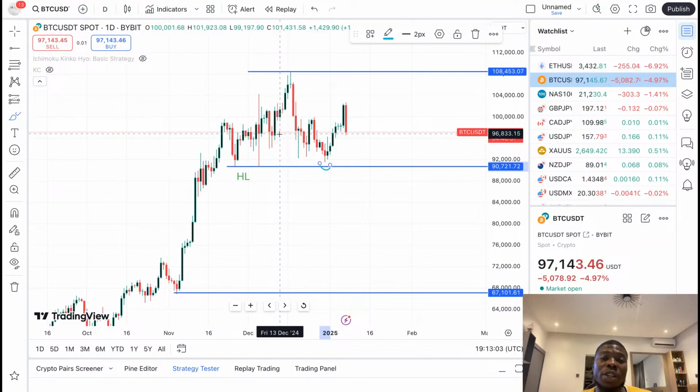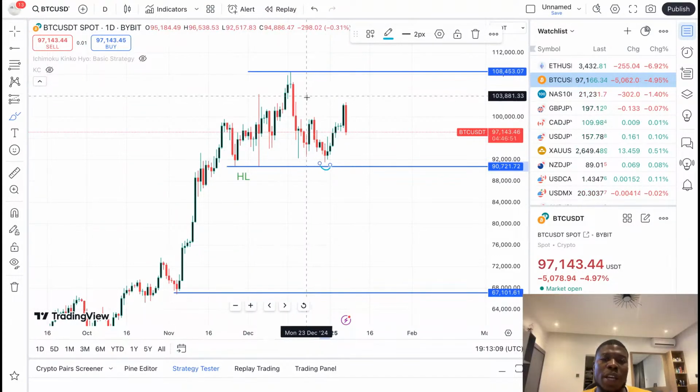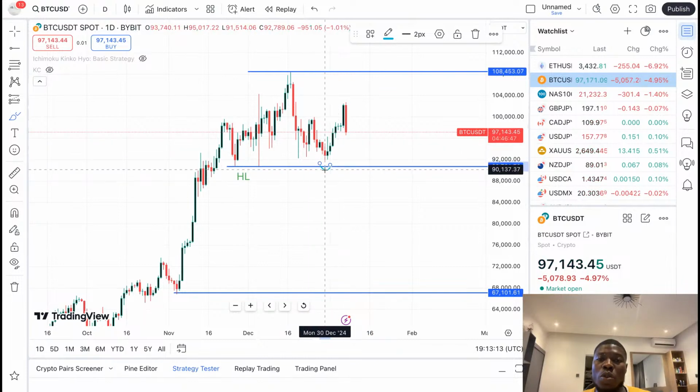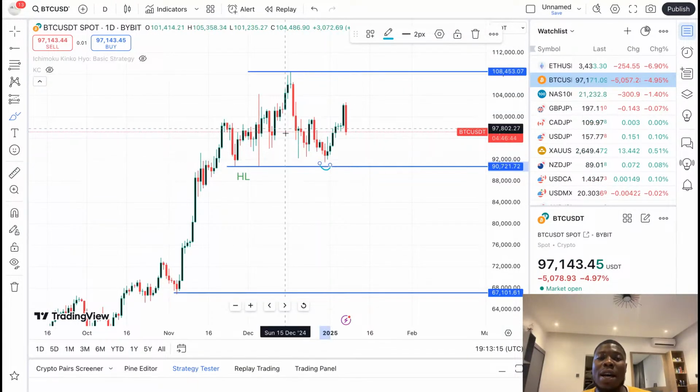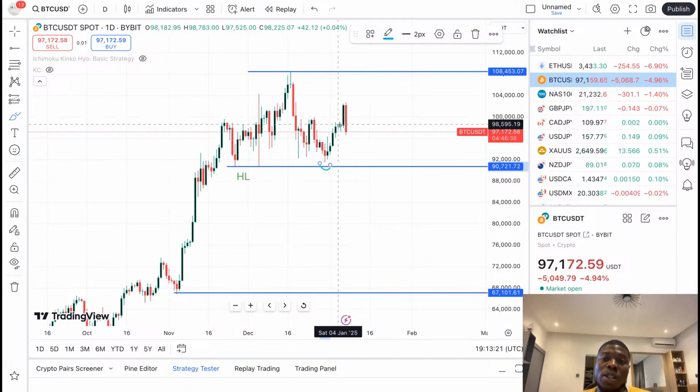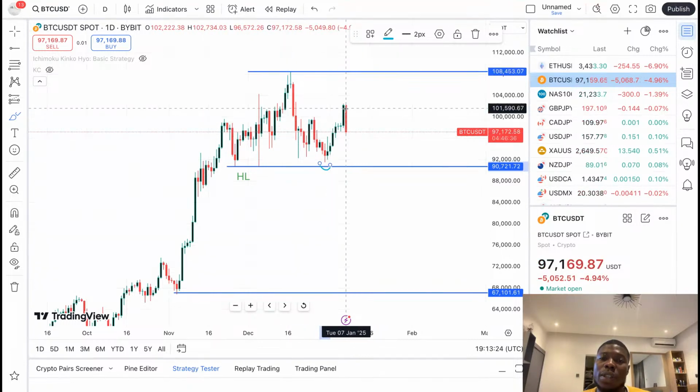Because if you use a trending strategy for a ranging market, it won't work. So right now, Bitcoin is still in an uptrend until we go below here. So whatever is happening in this area on 1 day of Bitcoin, and you're using a strategy that works in an uptrend, it will work out.